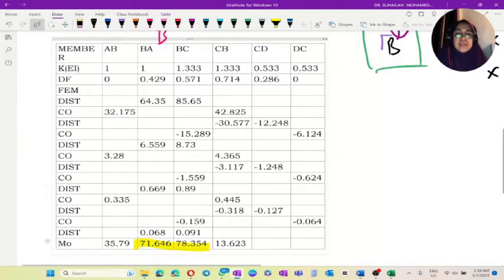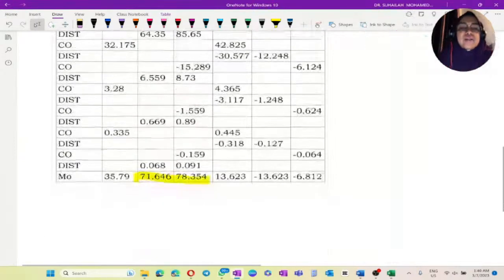We get back the same but opposite sign, 13.623. And BC is negative 6.124 minus 0.624 minus 0.064. So we get negative 6.813.